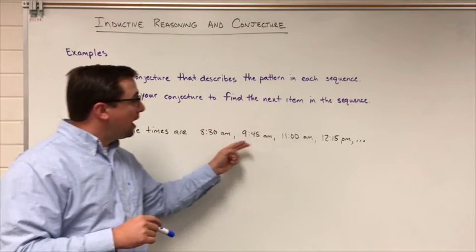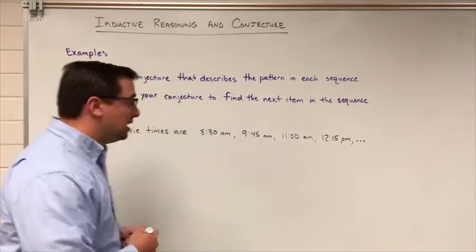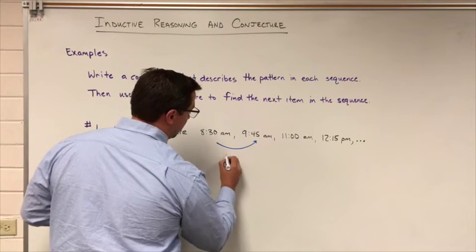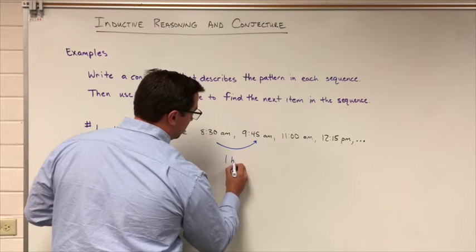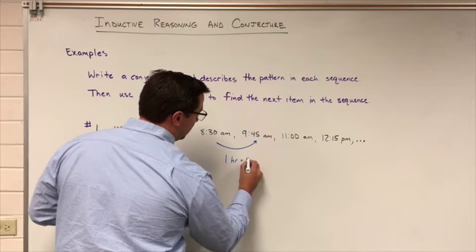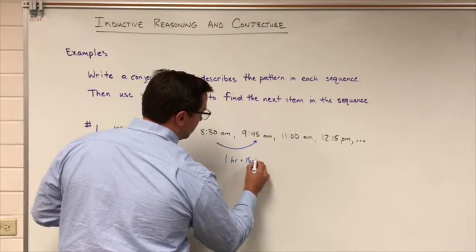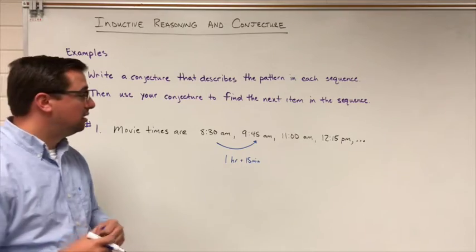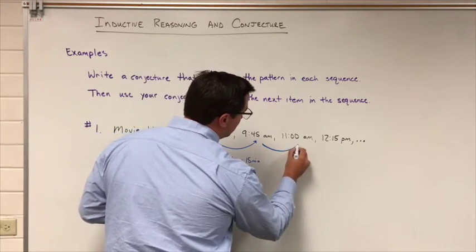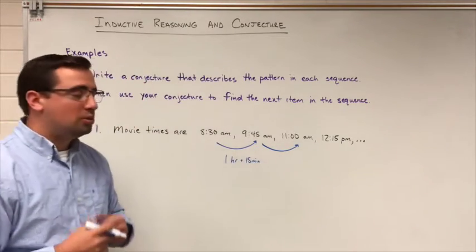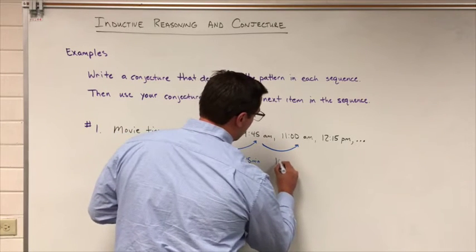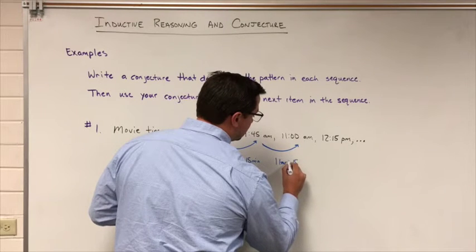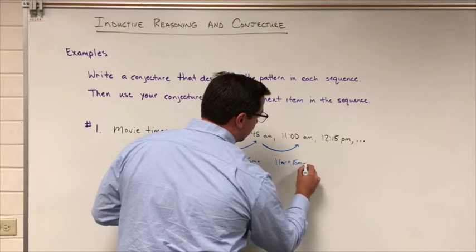You will see that the pattern between these four times is an hour and 15 minutes later. So 1 hour plus 15 minutes. Okay, from 8:30 to 9:45. If I go from 9:45 to 11 a.m., we see that that is again 1 hour and 15 minutes later.